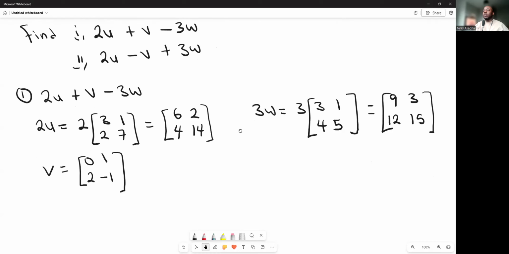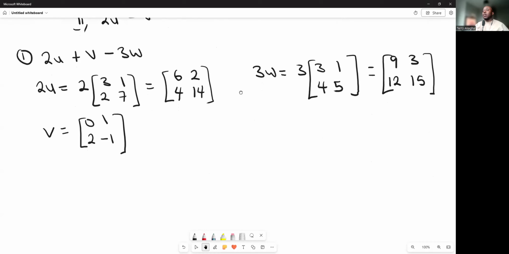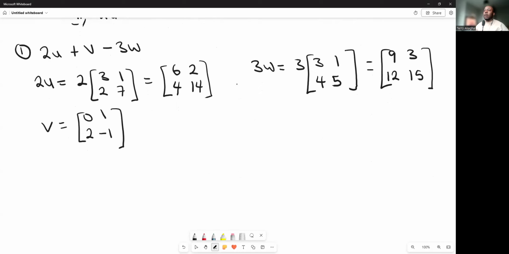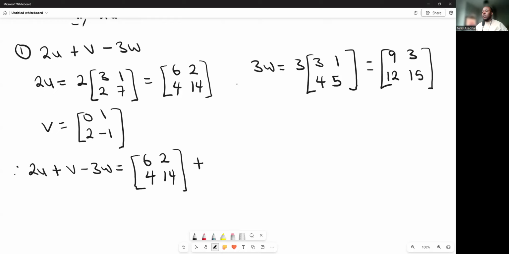Good. So we have this. So now the question is asking us to have 2u plus v minus 3w. So that, therefore, we can now say 2u plus v minus 3w will be equal to 2u is we have is 6, 2, 4, and 14 plus v.